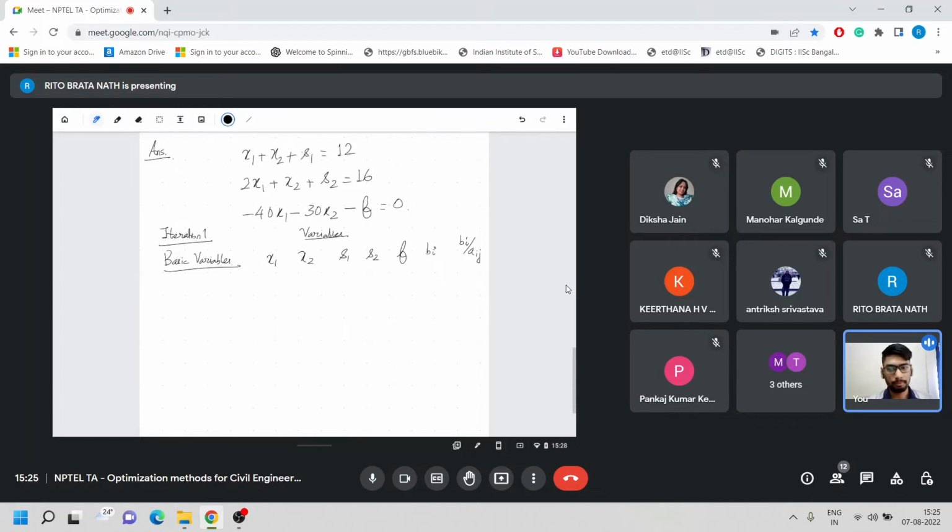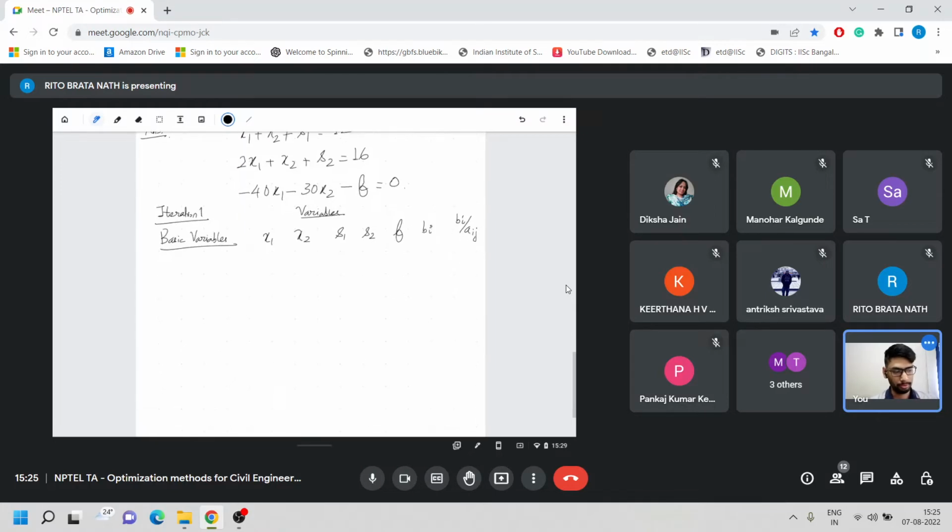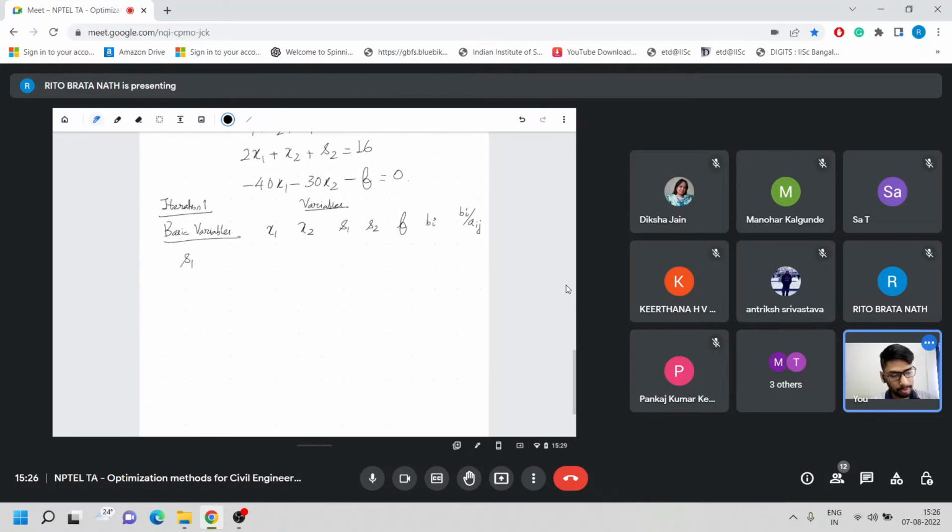Can anyone tell me for iteration one what the basic variables in this problem will be? Yes, that's correct. Does anyone have any doubt why it's S1 and S2 here? Okay, seems like you have known this through your class, so that's fine.